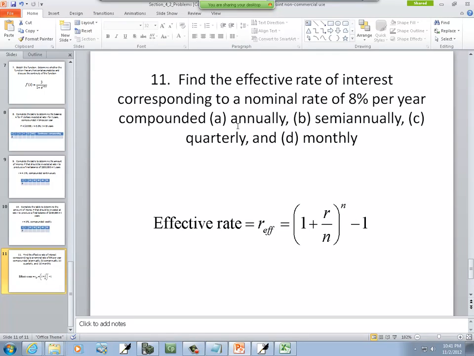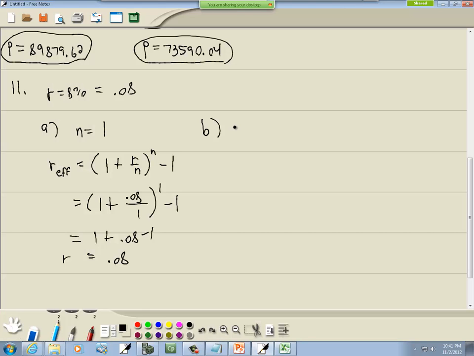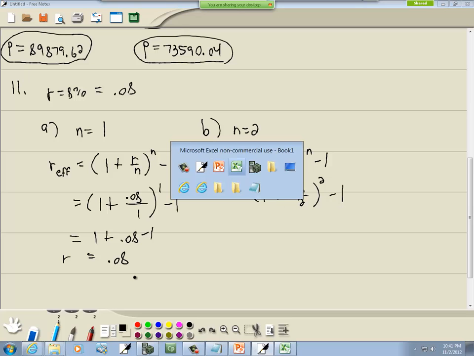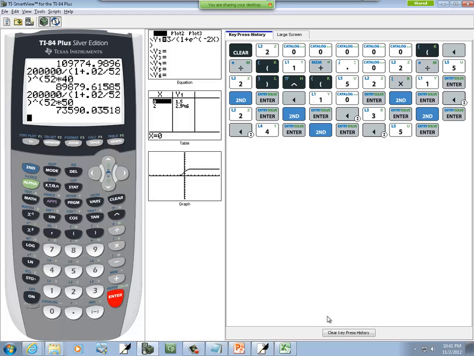Now B says semi-annually. So n is 2. So our effective rate is 1 plus R over n to the n power minus 1. So we've got 1 plus 0.08 divided by n, which is 2, squared, minus 1. Okay, put this in our calculator.